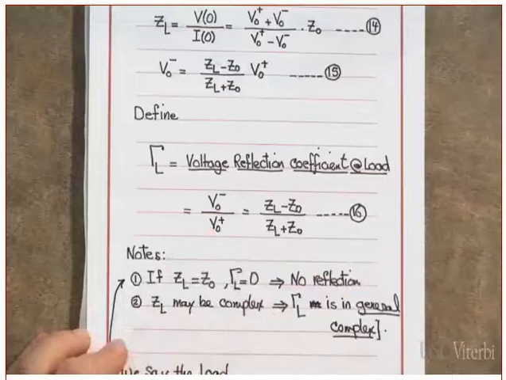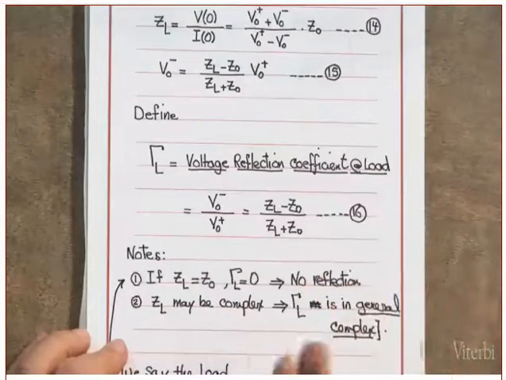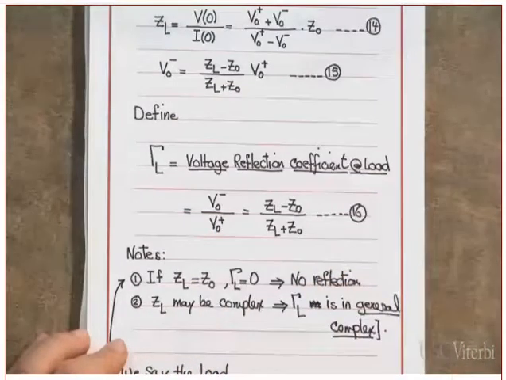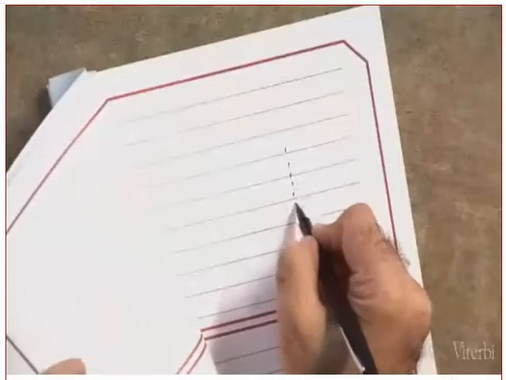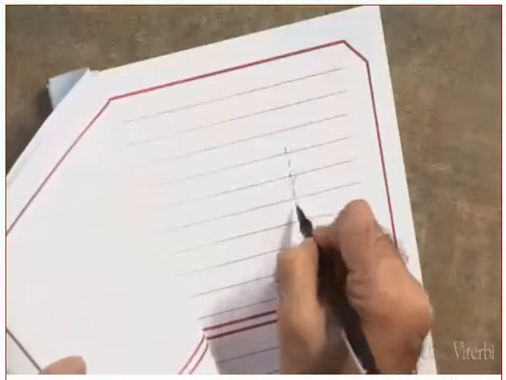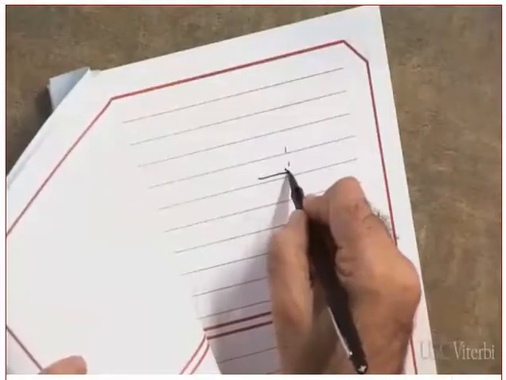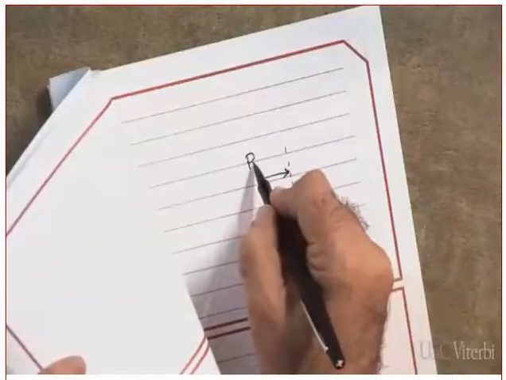We will see that if there is no reflection, when we talk about power, our interest is not in the voltages. Our interest is in the power. If there is no reflection, then the incident power will be the same as the transmitted power. I want you to understand it this way. There is a barrier here. This is the load. This power is called the incident power.